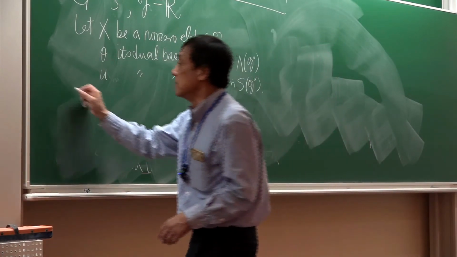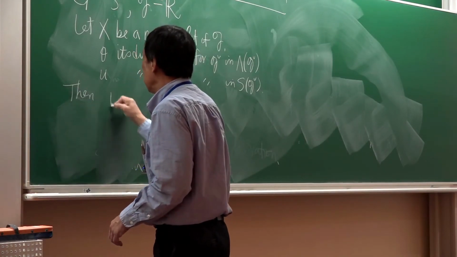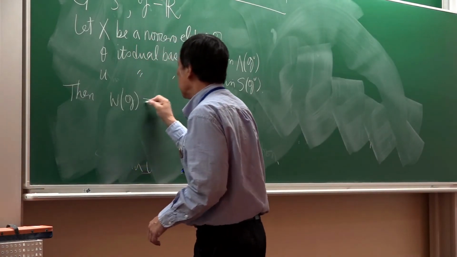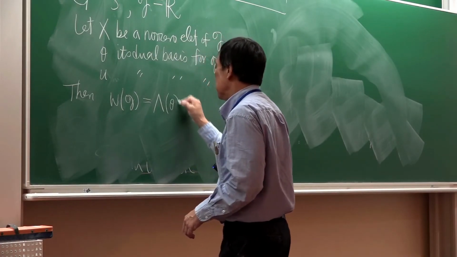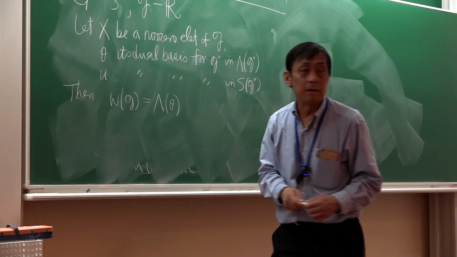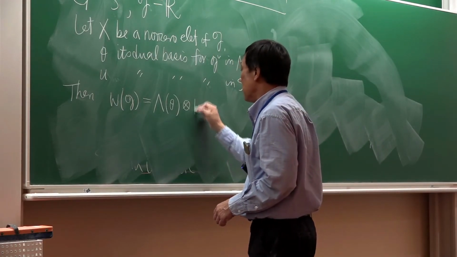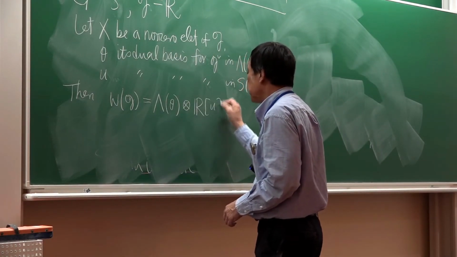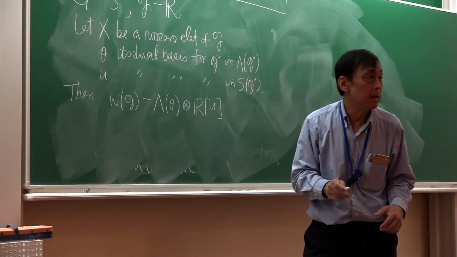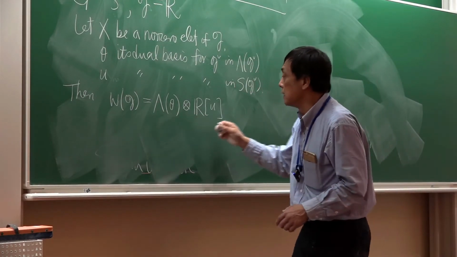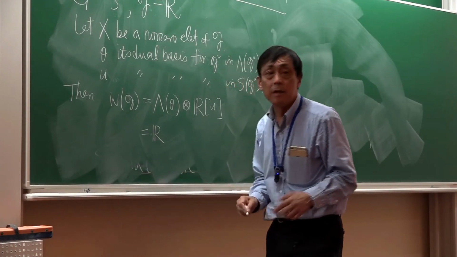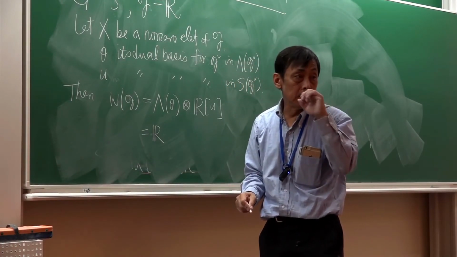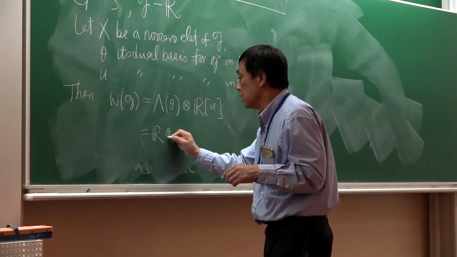Okay. Then the Weil algebra is lambda theta tensor R[U]. But lambda theta has basis 1 and theta.